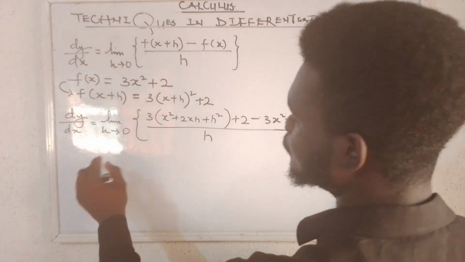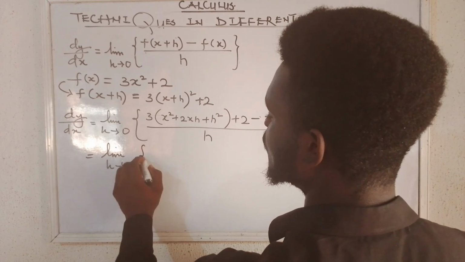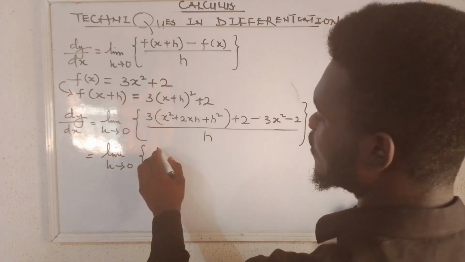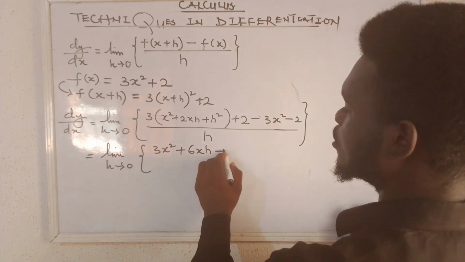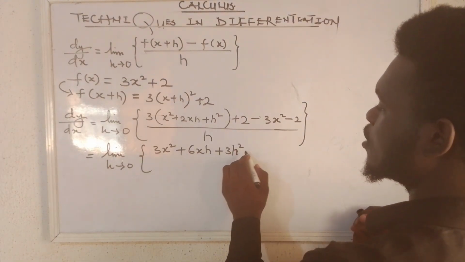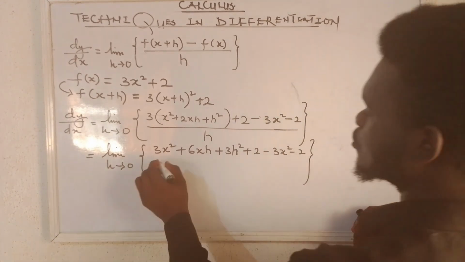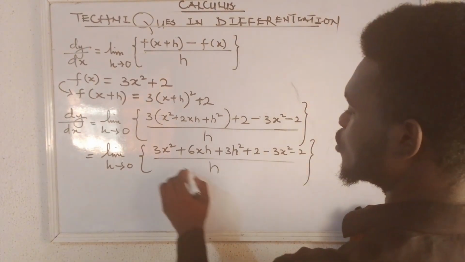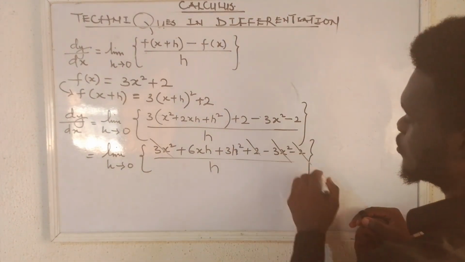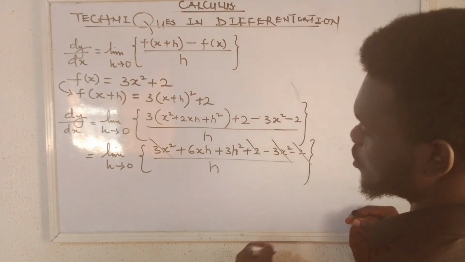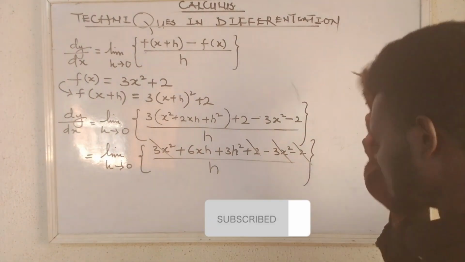Let's see how we can expand this. As h tends to 0, we have 3x squared plus 6xh plus 3h squared, plus 2 minus 3x squared minus 2, all divided by h. So 3x squared eliminates minus 3x squared, and plus 2 minus 2 is 0. What do we have left? We have 6xh plus 3h squared.